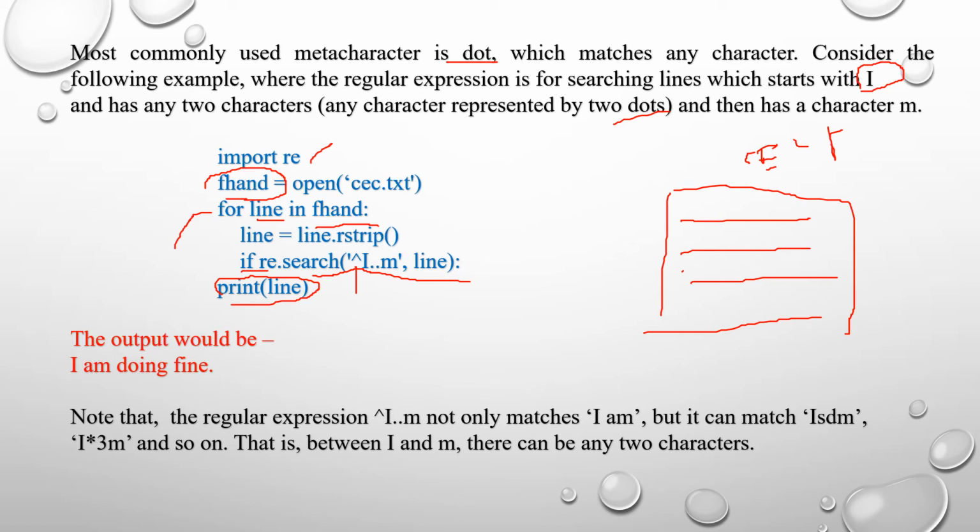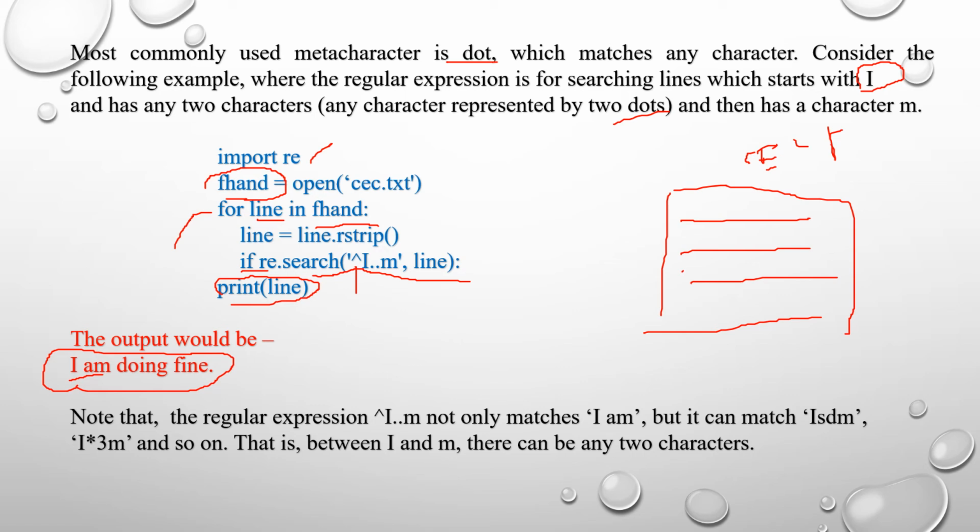In the third iteration the pattern is matching, because the line content is "I am doing fine". So here my pattern is I, two dots, m. Here the pattern is matching, so the Python interpreter will print the third line.